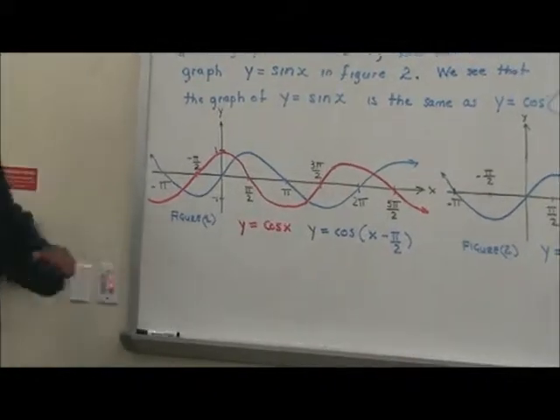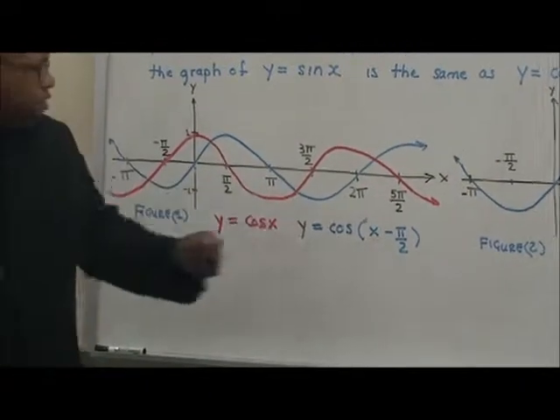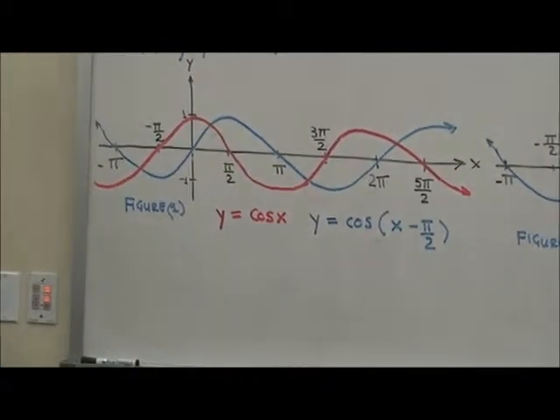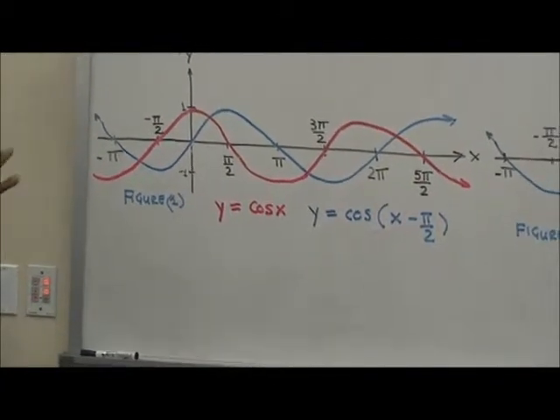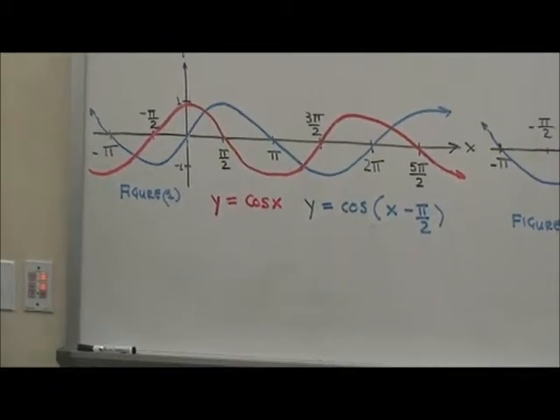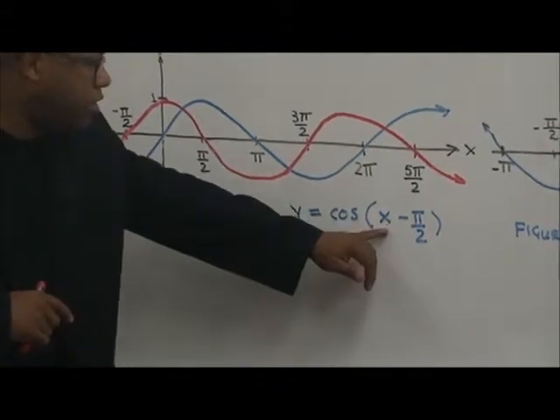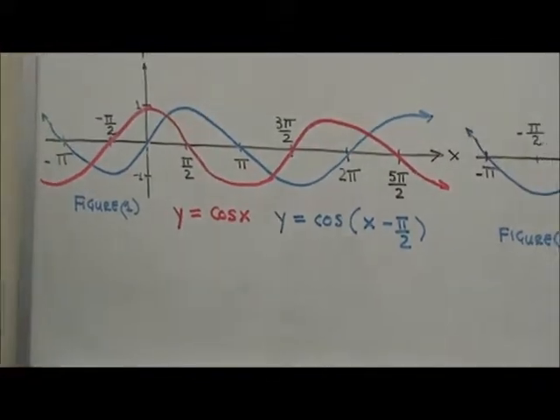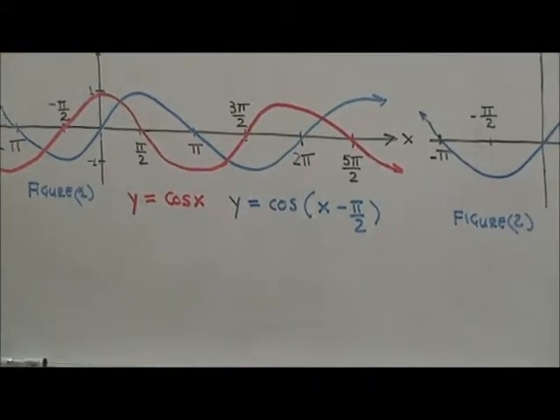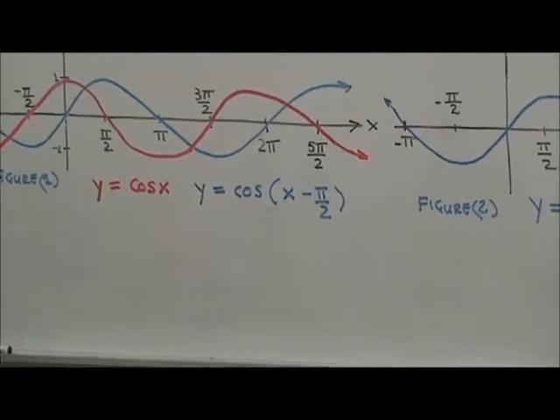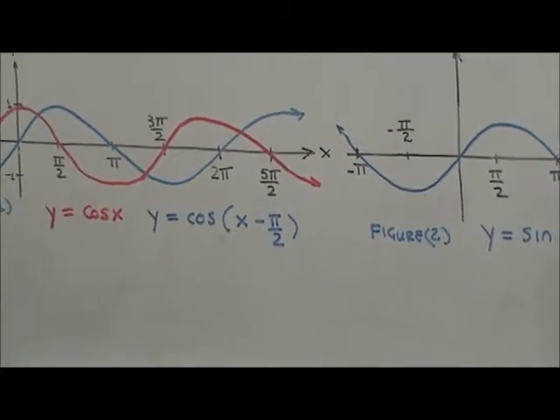So you see figure 1 here, and figure 2 here, respectively. And what we have is a shift in the graph because of x minus pi over 2. A horizontal shift, that is. As you can see, the details are here.